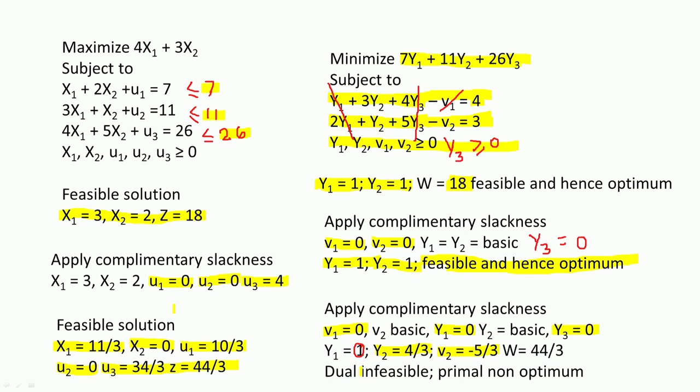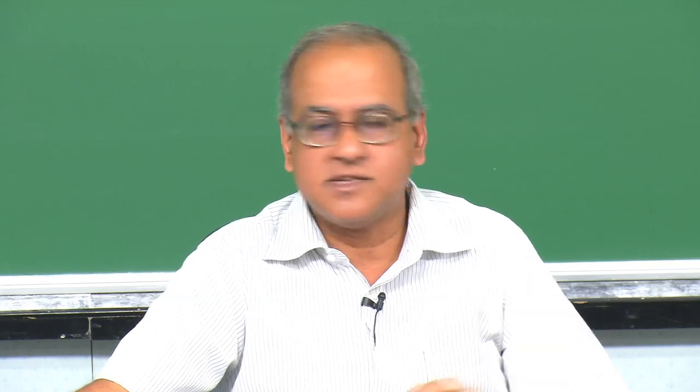Now I look at this dual solution and I realize that this dual solution is infeasible because v2 is equal to minus 5 by 3. So when I have a feasible solution to the primal that is not optimum, and if I apply complementary slackness and find a corresponding dual solution, I observe that the corresponding dual solution is infeasible, and therefore it is not optimum.